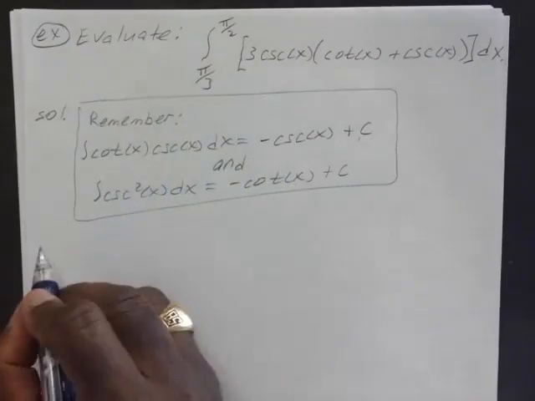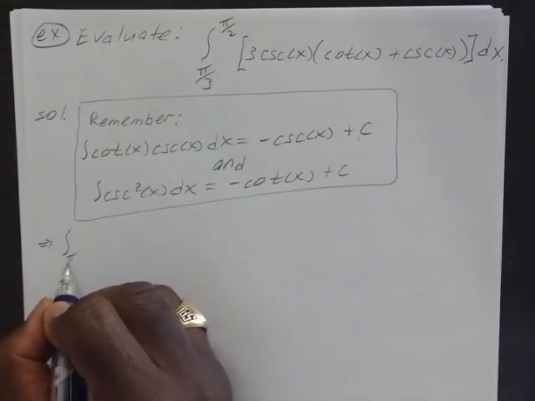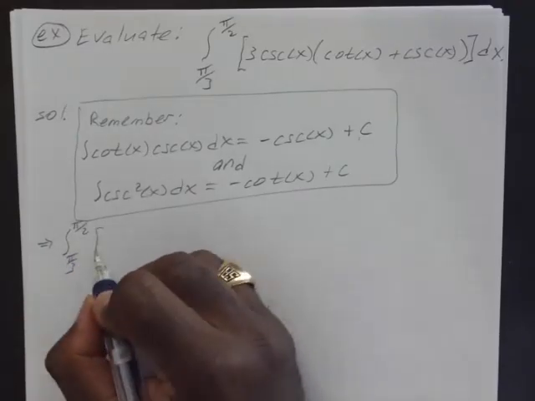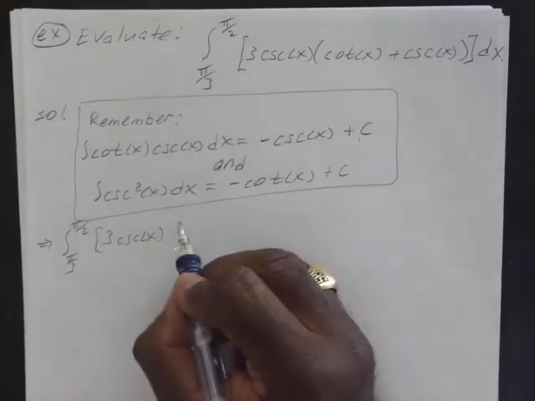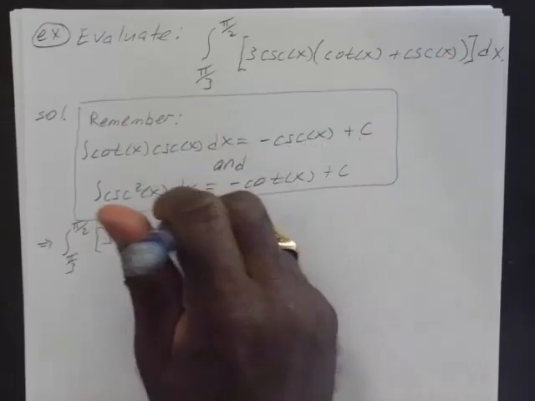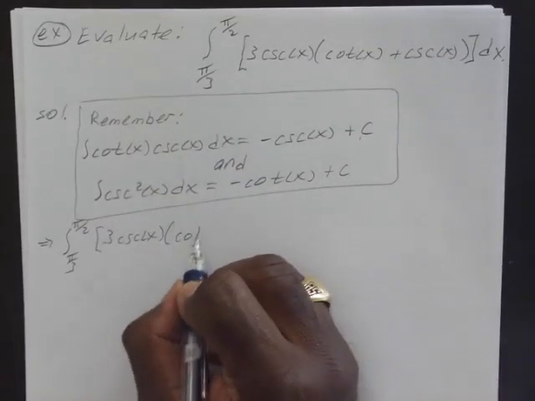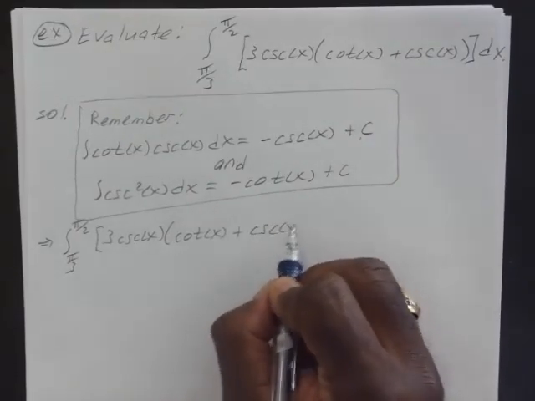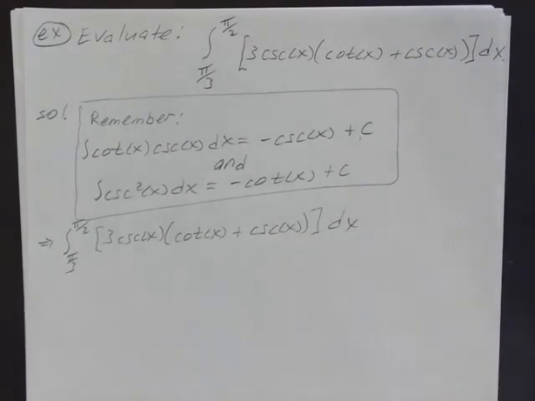Okay, so let me go ahead and just rewrite that. So the integral from pi over 3 to pi over 2 of 3 times cosecant of x, times cotangent of x plus cosecant of x with respect to x.